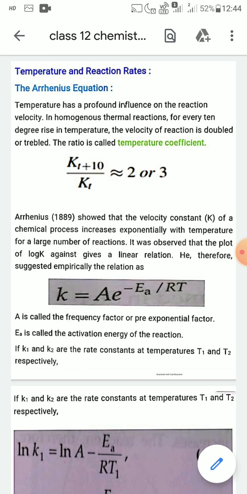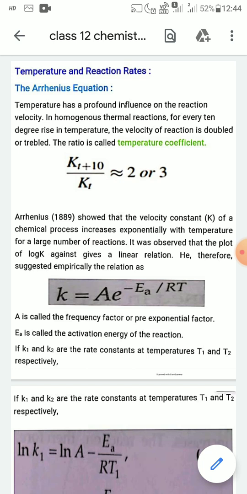I have also given the half life equation for a first order reaction. The half life of a first order reaction, which is denoted by t half, is equal to 0.693 divided by k, where k is the velocity constant of the reaction.